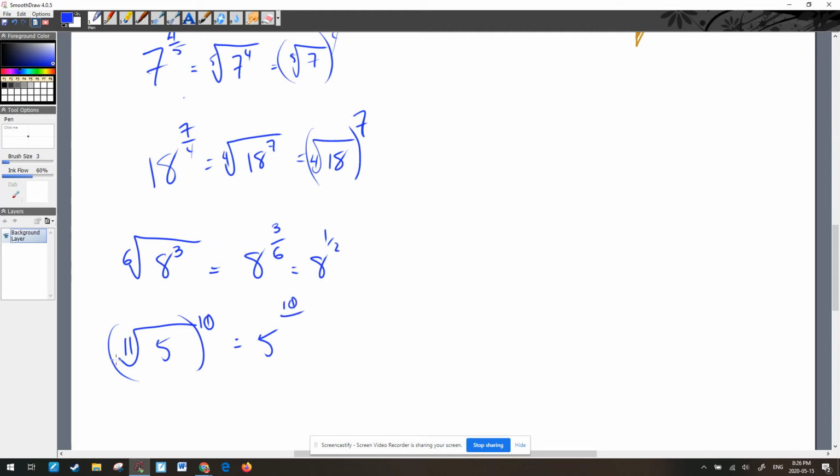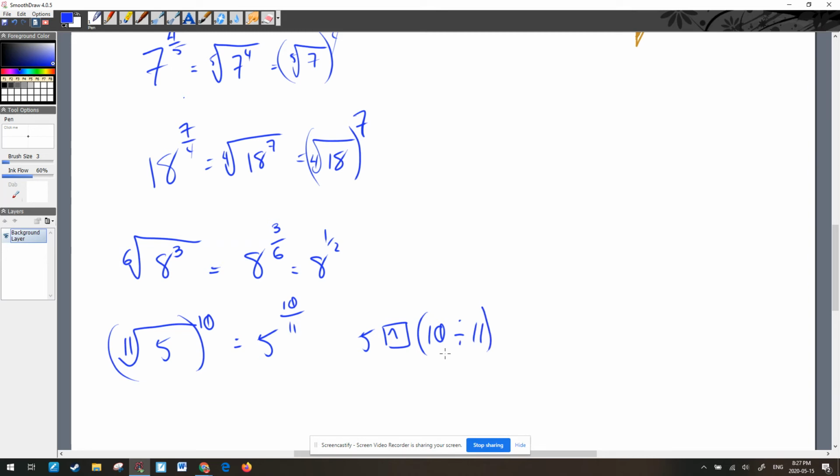And the root, it goes on the bottom. And there it is. And that one, you couldn't write it any other way. Now, evaluating this, again, if you're going to evaluate this on your calculator, you would type in 5, and then you'd hit whatever your exponent button is, and then you would type, hopefully you have brackets, 10 divided by 11.